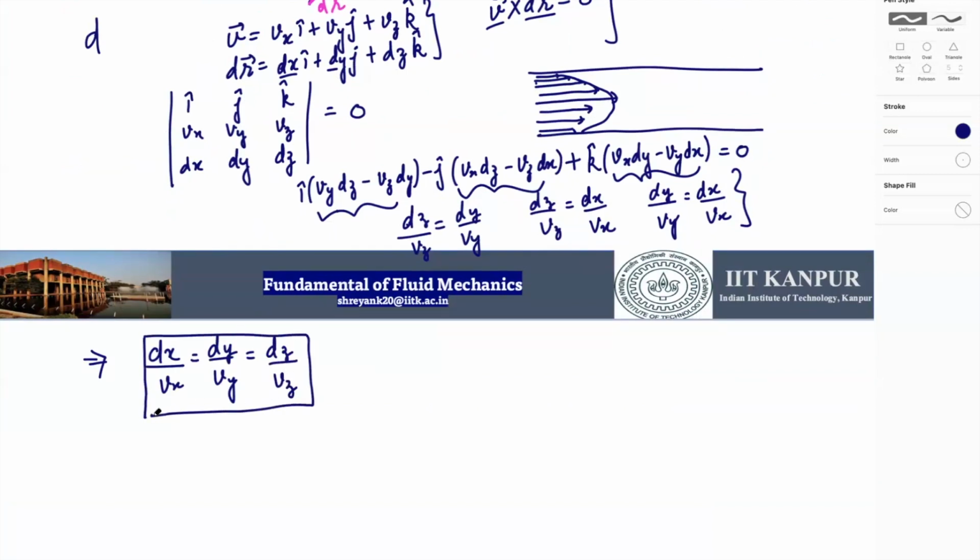So the equation for the streamline becomes dx by Vx is equal to dy by Vy is equal to dz by Vz. In two dimensions, dz will not be there, so dx by Vx should be equal to dy by Vy.